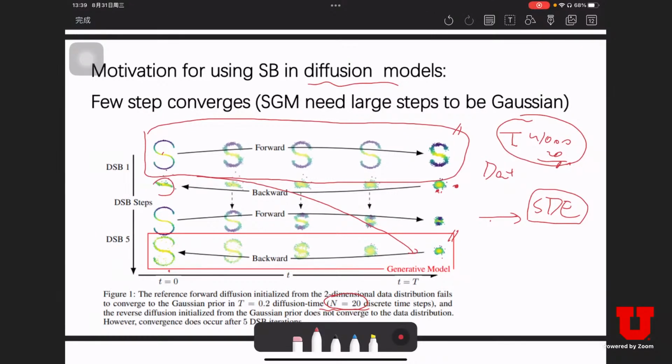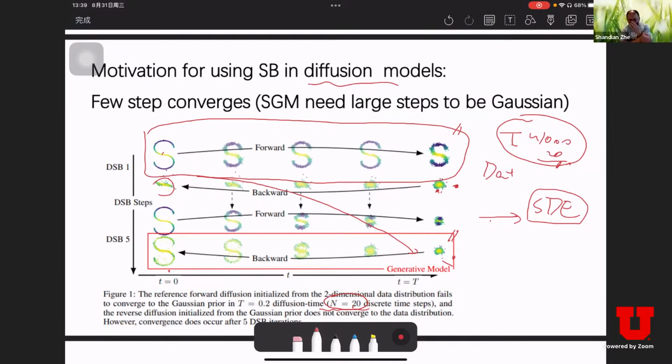And when you use it as a generative model, given some Gaussian noise, you just need maybe 20 steps or 10 steps to go from Gaussian to the target data distribution you want. So that's one of the motivations to use the Schrödinger bridge to build a new fashion of diffusion models. Is that clear?